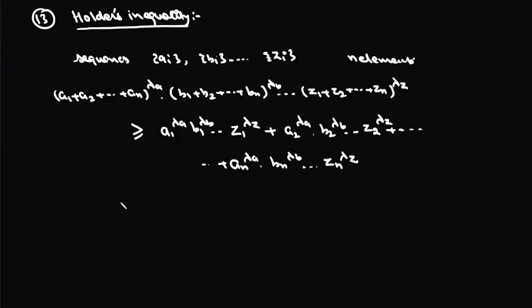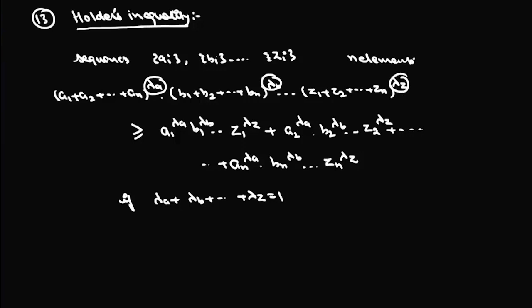This inequality holds if lambda A plus lambda B up to lambda Z is equal to 1. So the sum of all these powers must be equal to 1. Only then is Holder's inequality going to hold.